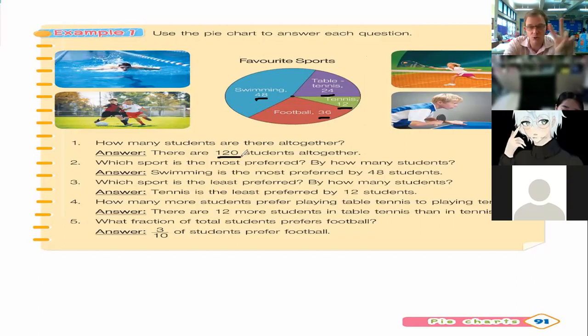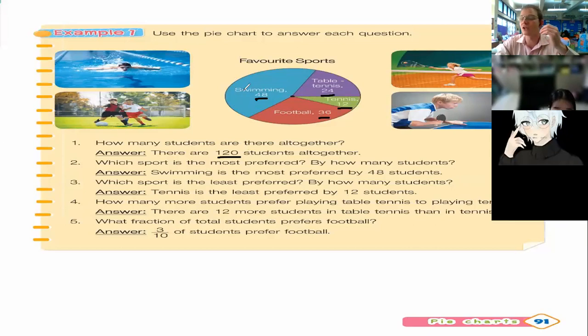Let's do question number 2. Which sport is the most preferred and by how many students? Who can answer that question for me? What sport is the most preferred? Swimming. Swimming has 48. That's the highest number.